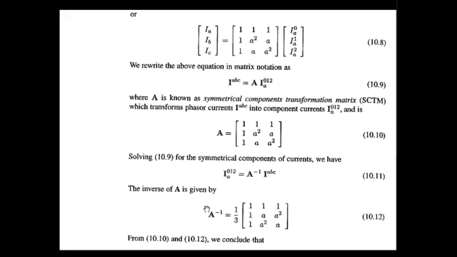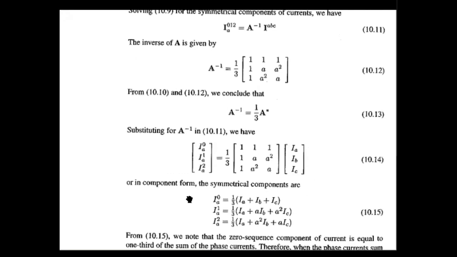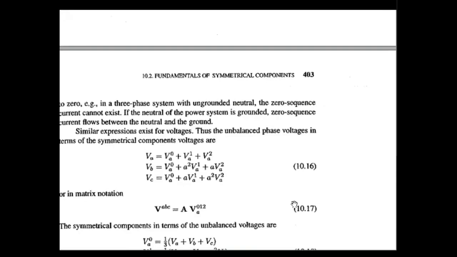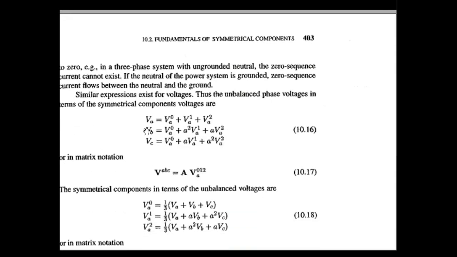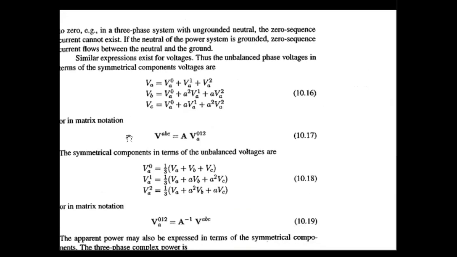And we can find the inverse matrix by the 3 by 3 concept, right? Using a 3 by 3 matrix, we can get that matrix also. So this is the outcome for 0, 1, 2. Voltage and current are equally applicable to the Fortescue theorem to generate symmetrical components.